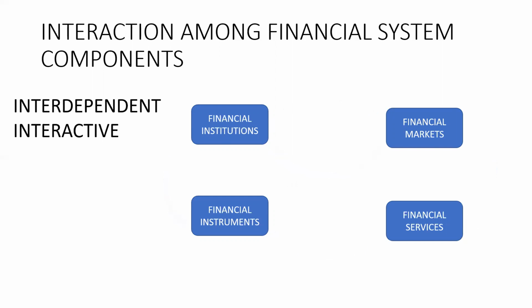Financial institutions or intermediaries have close links with financial markets. Financial institutions acquire, hold, and trade financial securities, which helps in the credit allocation process and also makes financial markets larger, more liquid, stable, and diversified.